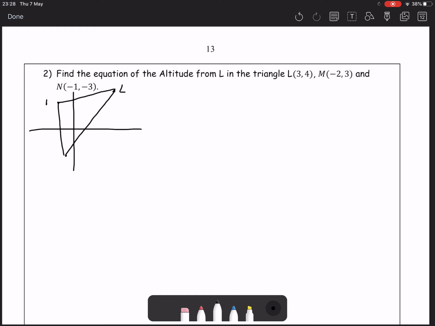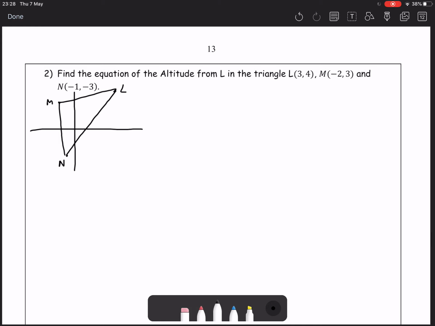L, M, and N. And it's from L. So our line comes down and would meet at a right angle.